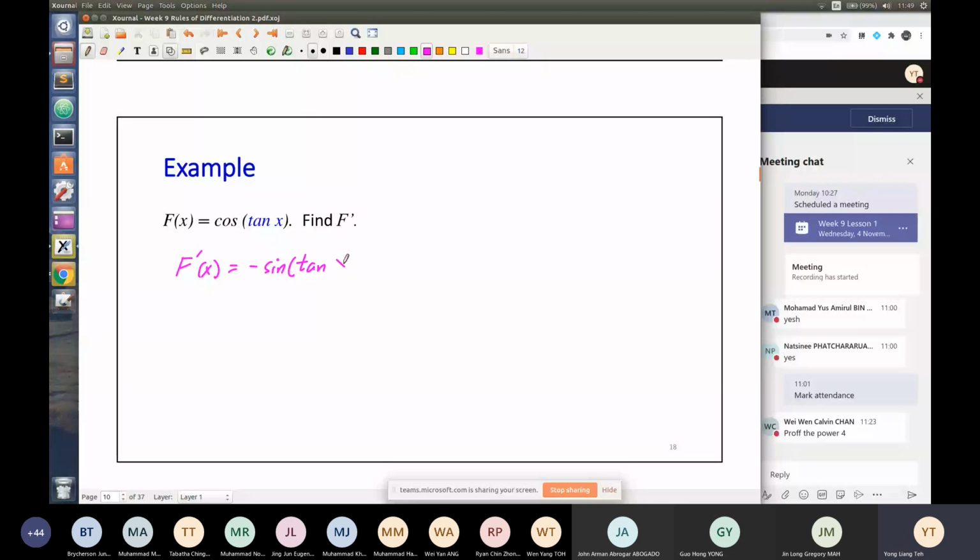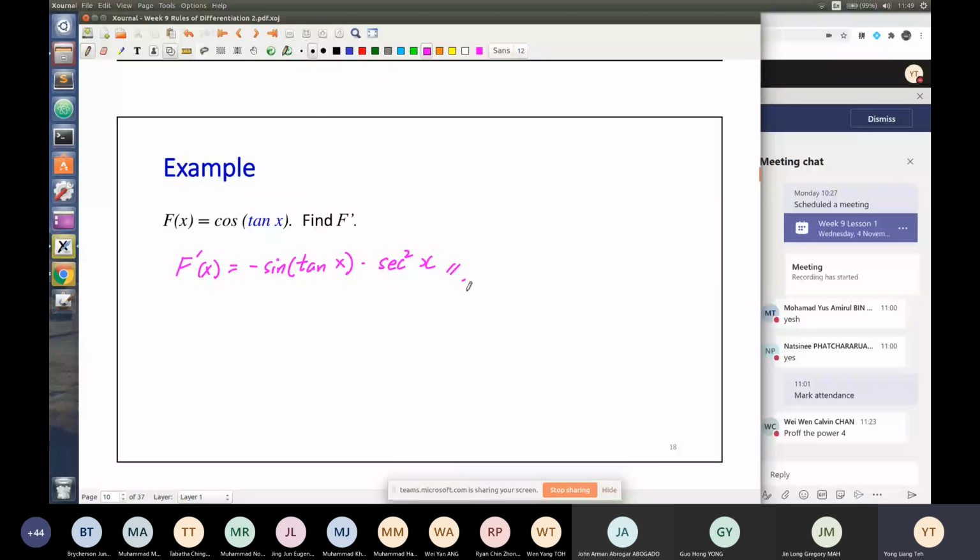Multiply by your chain rule, which is the differentiation of tangent x, so you get secant square. That's it.